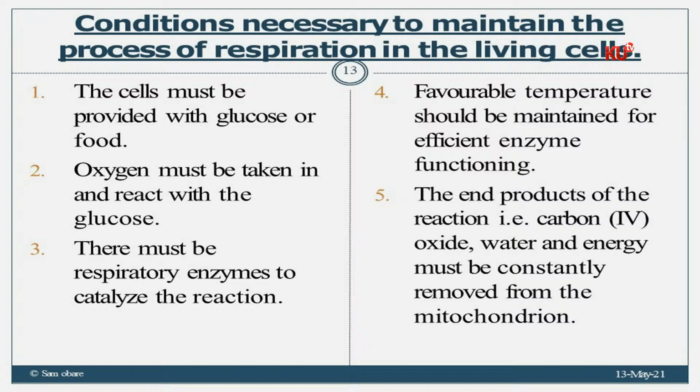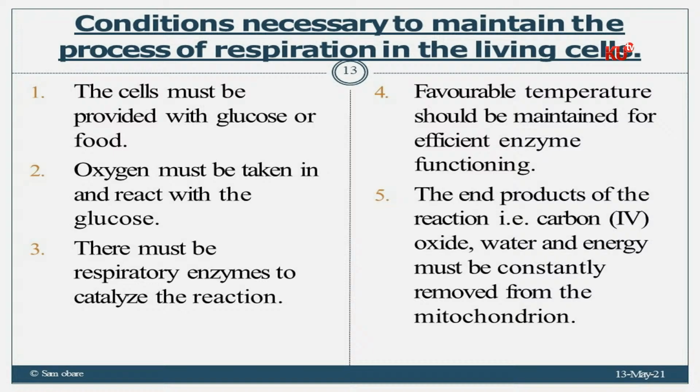Number 4, a favorable temperature should be maintained for efficient enzyme functioning. Each enzyme has a specific temperature at which it works best to provide the desired results, and this temperature is known as the optimum temperature.